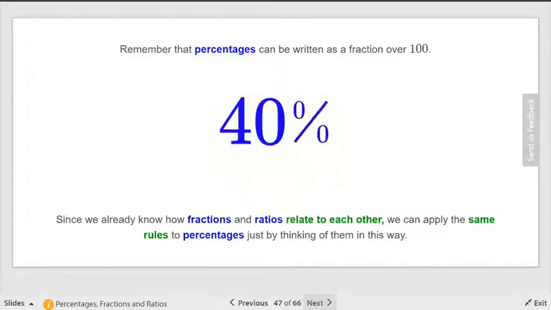So any number, any percent can be written by a fraction simply by putting it over what? 100, because 40 over 100 means divide by 100. Okay? Do you remember that? So the percent means divide by what? 100. Okay?